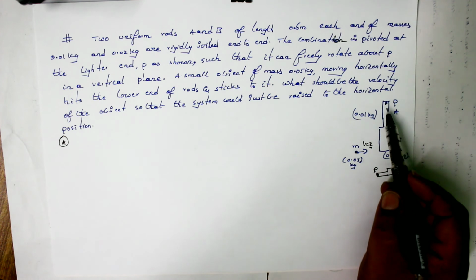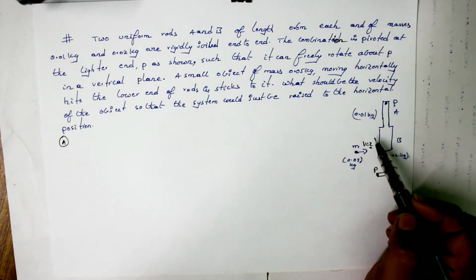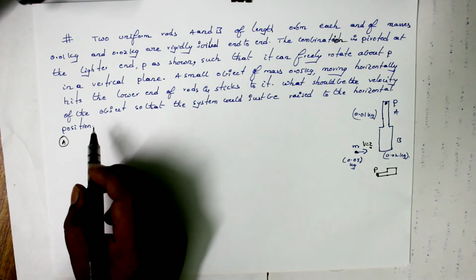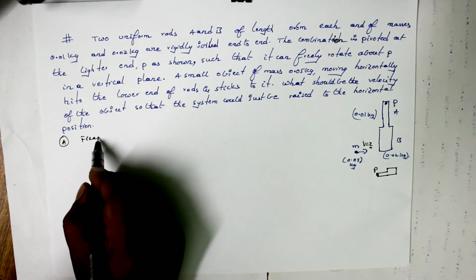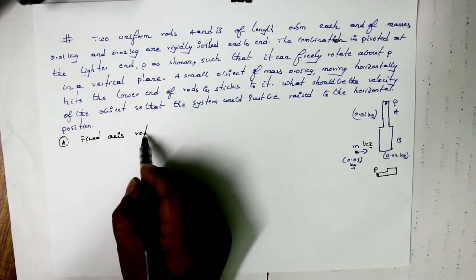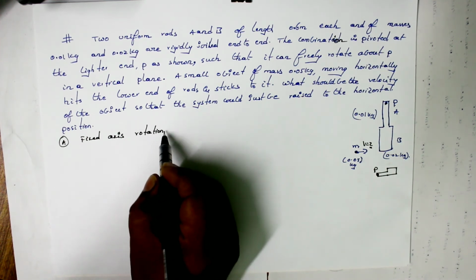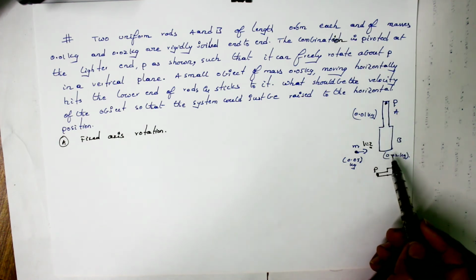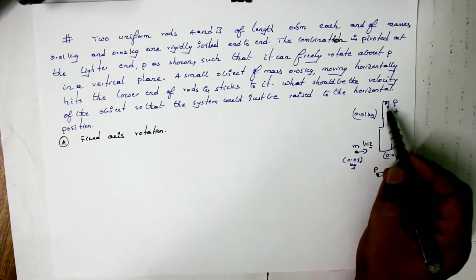First of all, this is a condition of fixed axis rotation. We have already studied what we should do if the axis is fixed and if the axis is not fixed. So if the axis is fixed, then definitely we have to apply the conservation of angular momentum only about the point of rotation, or about the axis.